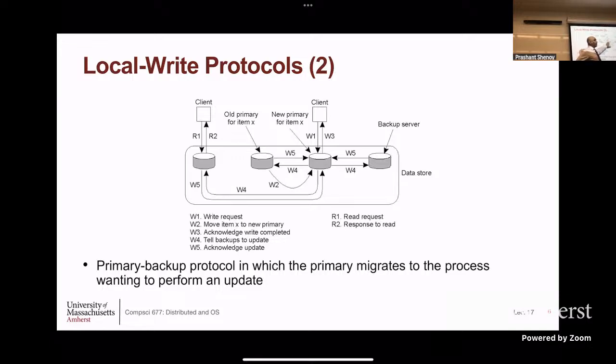The new machine will perform the write, and then you will either reply to the client or send back an acknowledgement. So yes, you have to communicate with the current primary. In NFS, as we will see in a couple of lectures, you will ask the server, can I become the new primary? The server may say yes or no. If it's no, then you are back to the remote protocol where all the writes go to one server. If it says yes, then the server becomes the new primary.